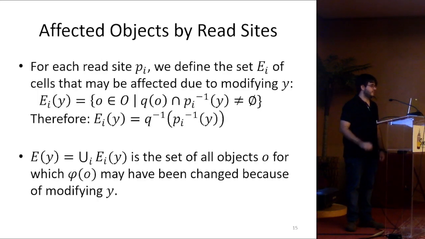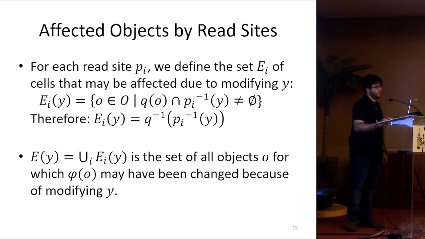After we have the read sites, we can find the affected objects by them. For each read site pi and the modified object y, we compute E of y, which is the set of cells that may be affected because of modifying y. That's all the objects o in O such that Q of o intersects with the pi inverse of y, because there is some cell which is both in Q of o, in the sum, and in the inverse of the read site.